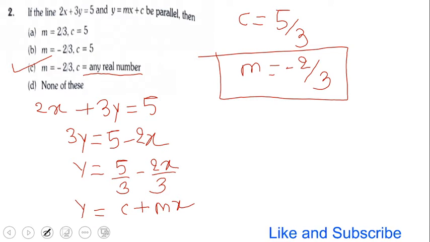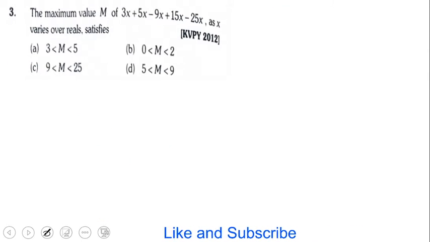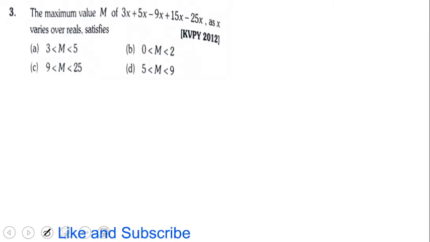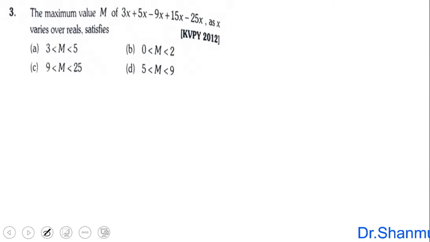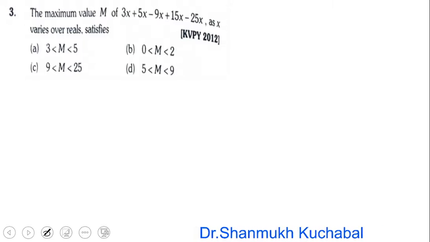Okay, we'll move to the next example. The maximum value of the minimum of 3x, 5x, minus 9x, 15x, minus 25x as x varies over the reals satisfies. The minimum value is 0 for all the functions here.